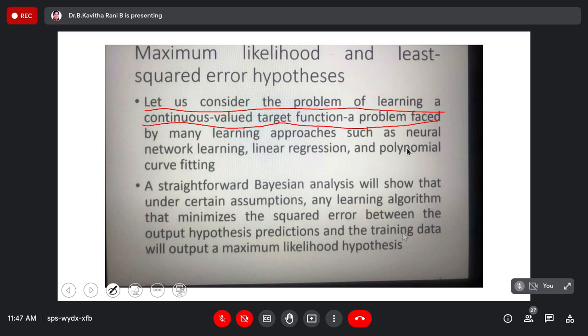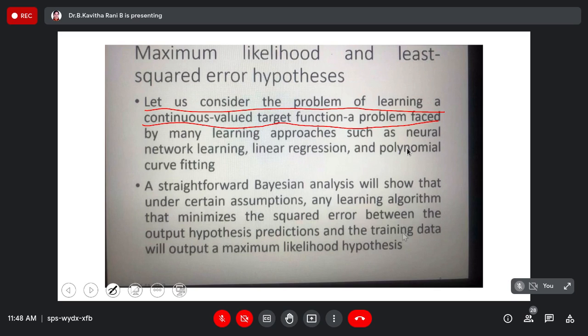The objective should be to minimize the squared error. When we get one hypothesis with some error, and again execute the model with that learner and get some error, when we decrease the difference between these errors, we can say a particular hypothesis is the maximum likelihood for the training data.